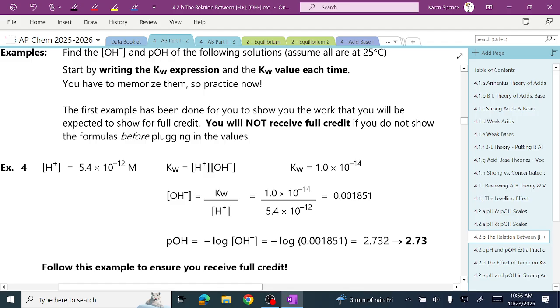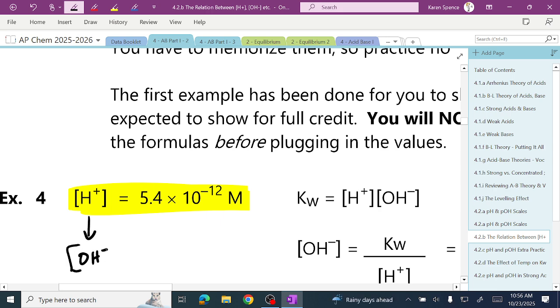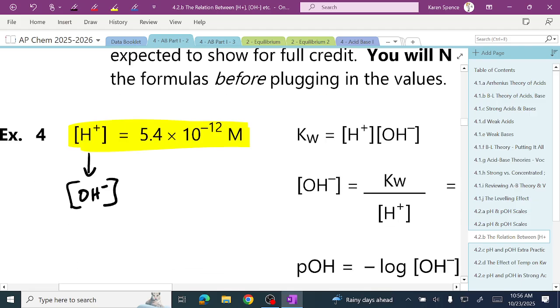However, it's still good. If I was to give you hydrogen, that does not mean that there is no pOH. You can go from hydrogen to hydroxide, and then from hydroxide, you can go to pOH, yes?